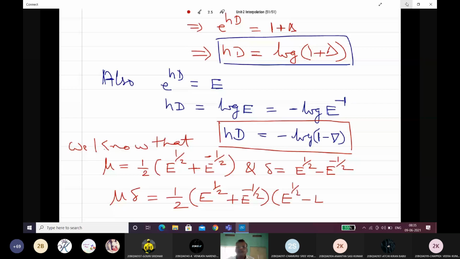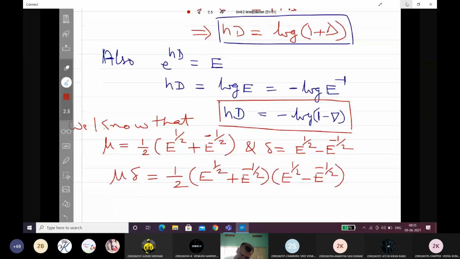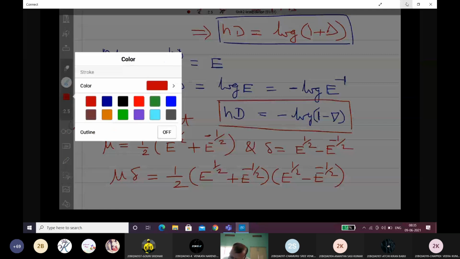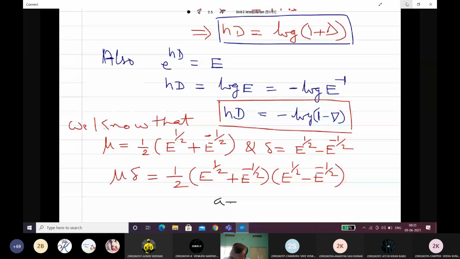Now we have to observe that it is in the form of a plus b into a minus b, that is equal to a square minus b square. That means e power 1 by 2 whole square minus e power minus 1 by 2 whole square. That is equal to e minus e power minus 1.